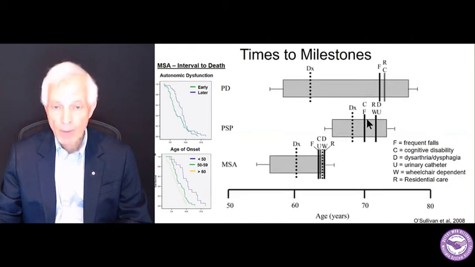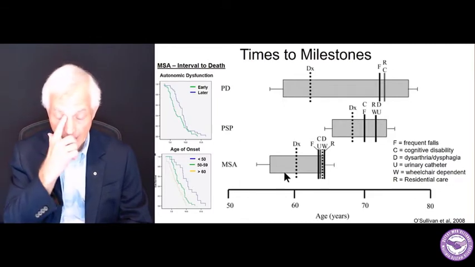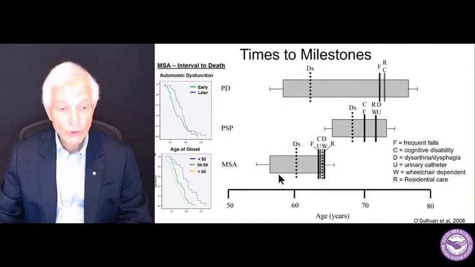And you see these milestones: cognitive dysfunction, falls, wheelchair use, dementia, urinary catheter, occurring over the course of the last half of the disease. In multiple system atrophy, on the other hand, as I've told you, the disease begins earlier in life, with some of these milestones tending to occur later in the disease rather than earlier. When autonomic dysfunction occurs early, patients suffer from the disease for a shorter course.